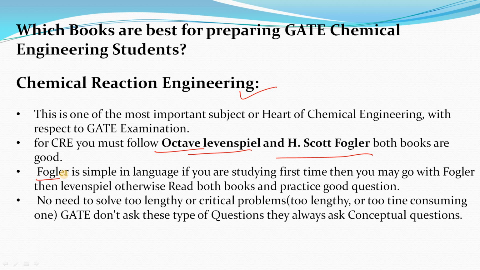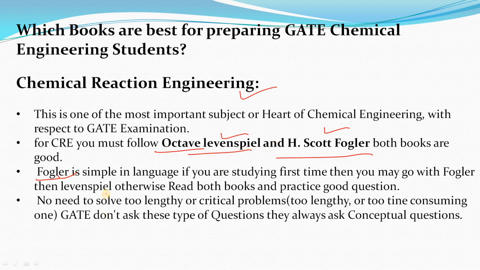If you are a fresher preparing for GATE who hasn't studied chemical reaction engineering, you can go with Fogler or Levenspiel, whichever you want. If you have both, that's good, because there are many topics which are not available in Fogler, and some topics which are not available in Levenspiel. If not, you can go ahead with any one.